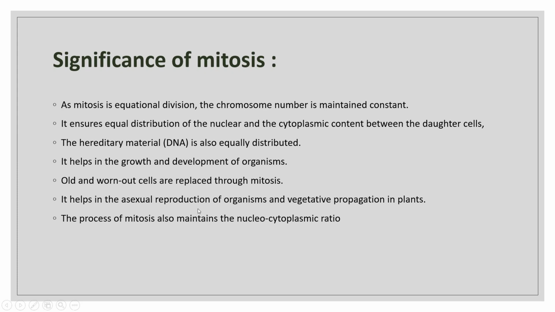Now, it helps in asexual reproduction of organisms and vegetative propagation in plants. We know that organisms undergo sexual reproduction and also asexual reproduction. So mitosis helps in asexual reproduction of organisms and also vegetative propagation. Vegetative propagation means from any part of a plant, a new plant can be developed.